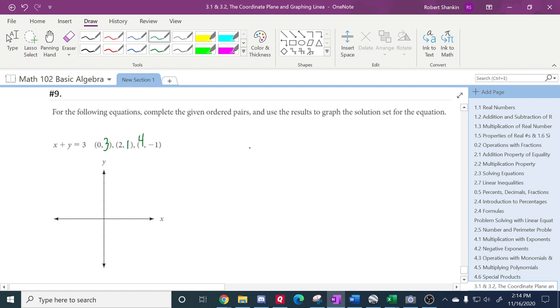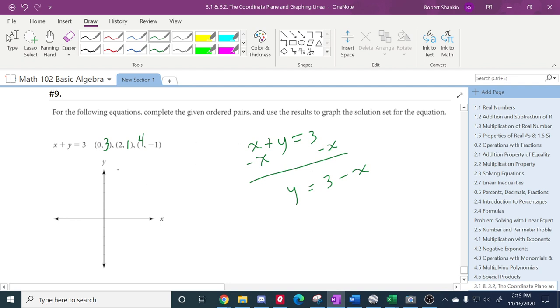Let me just show one other way. Some people do it like this though. They solve it for y. And then when x is 0, they plug it in here, and then it spits out the y. When x is 2, it spits out the 1. When x is 4, 3 minus 4, it spits out the negative 1.